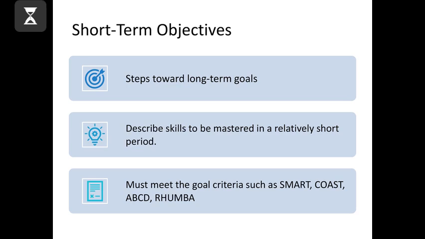The textbook also talks about the acronyms or the methods, abbreviations to understand goal criteria. And there's SMART goals, CLOSE goals, ABCD goals, and RUMBA goals.